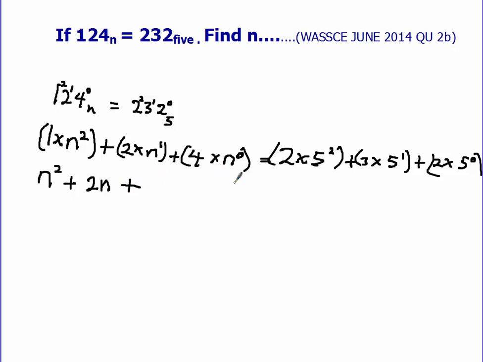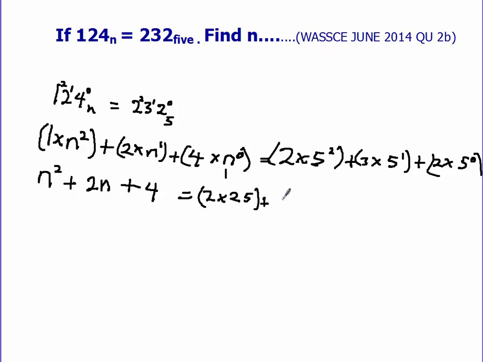Even 100 to the power 0 is 1, 9 to the power 0 is 1. Therefore n to the power 0 is 1. So it's going to be 4 times 1, which is 4, equal to 2 times 5 to the power 2, and 5 to the power 2 is 25.